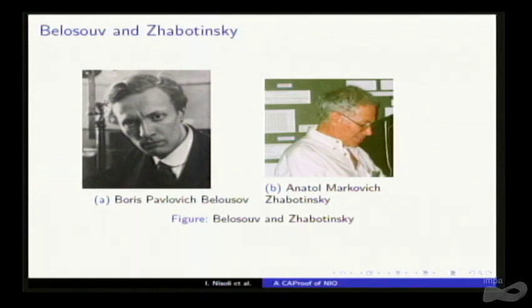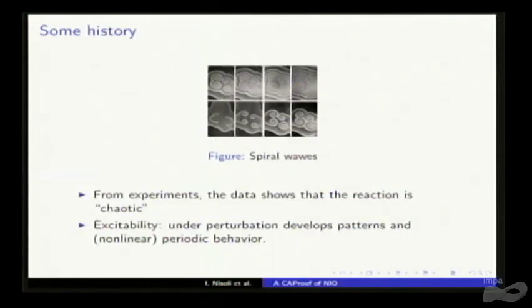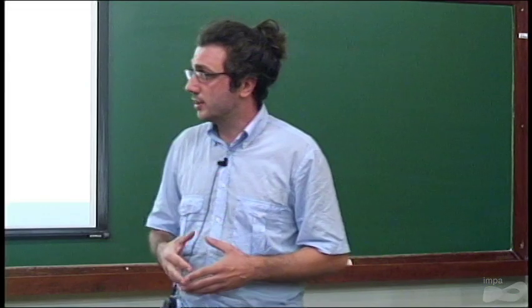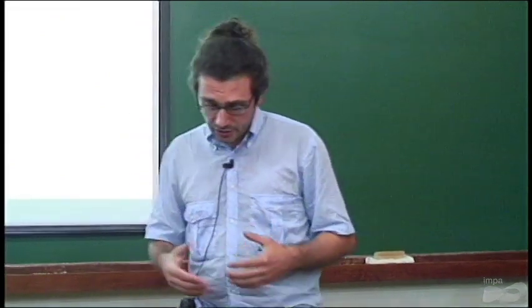And what happens is that this Belousov-Zhabotinsky reaction has been studied a lot. It became known in the Western countries in 1968 at a conference, and a lot of effort in applied mathematics, physics and chemistry has been devoted to these reactions.